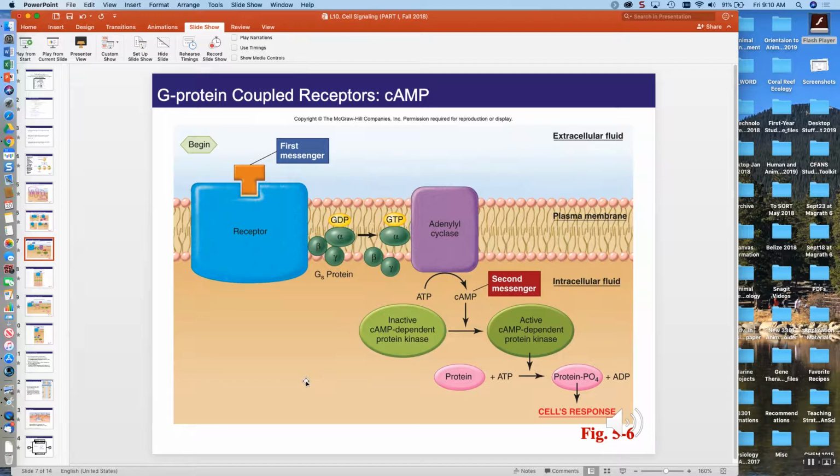It's like ATP, but with guanine diphosphate. Now, once our ligand binds to our receptor, there's a conformational change that basically releases GDP and promotes GTP to be attached.